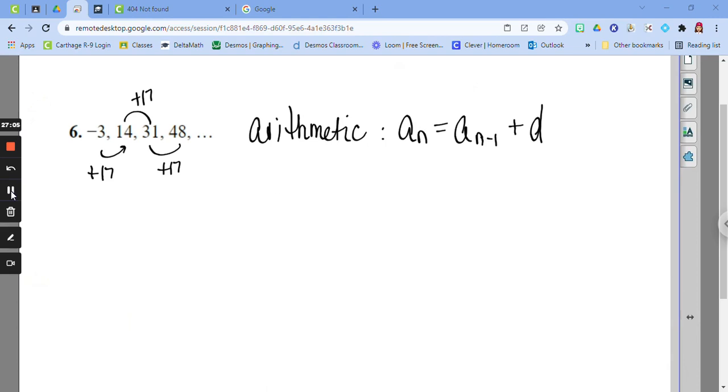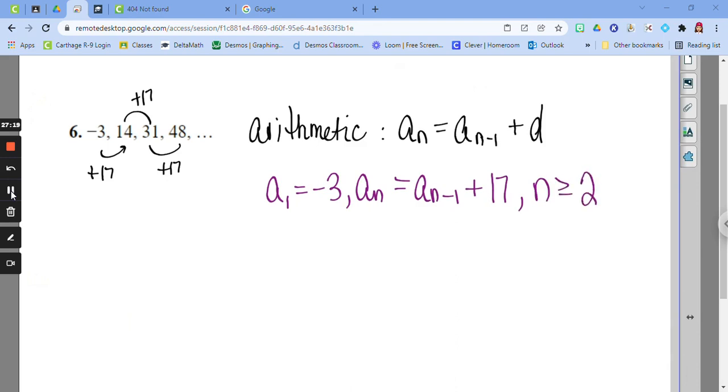So we start with, first term in the sequence is -3. We get to the next term by adding 17, and that allows us to find the second and any term after that.